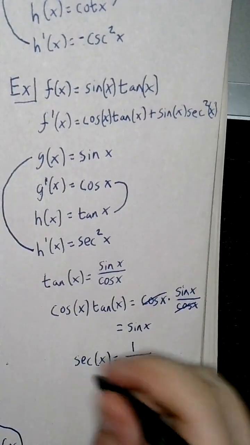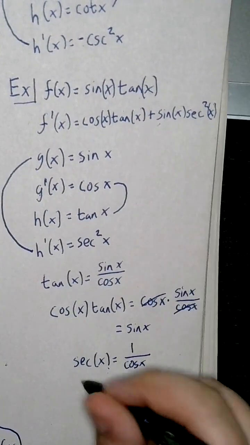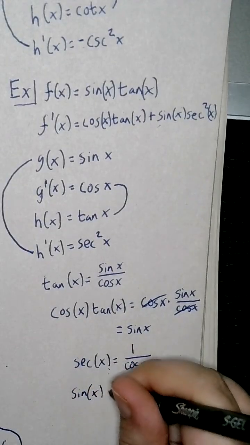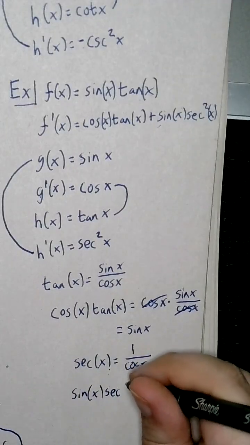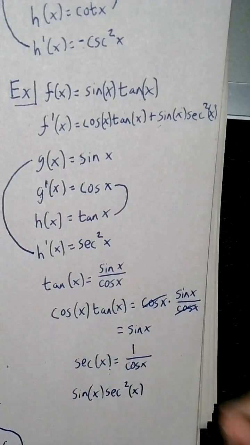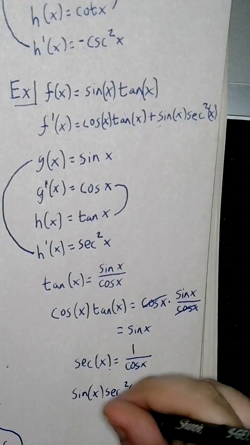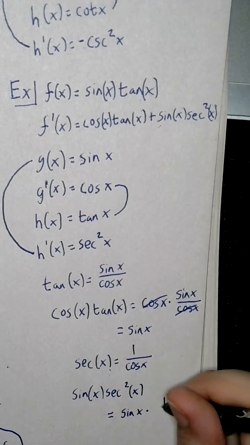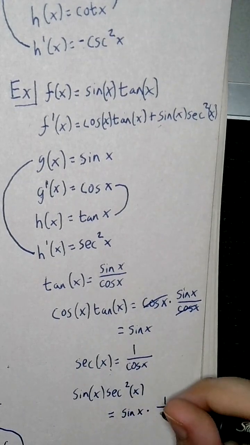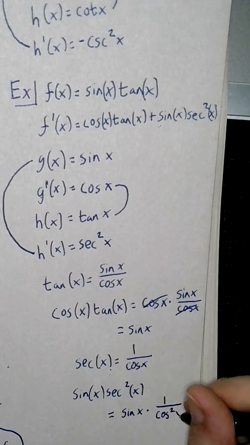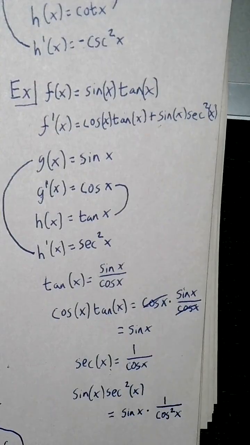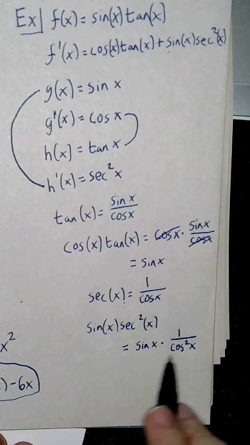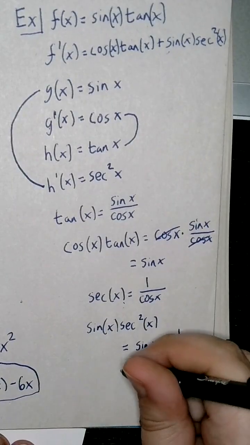So if I have sine x times secant squared of x, it's the same as sine of x times 1 over cosine squared x. I'm going to take one of these cosines and move it to that sine.